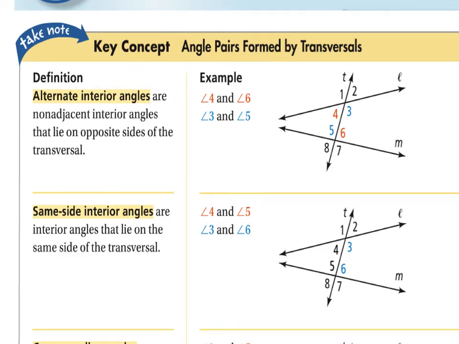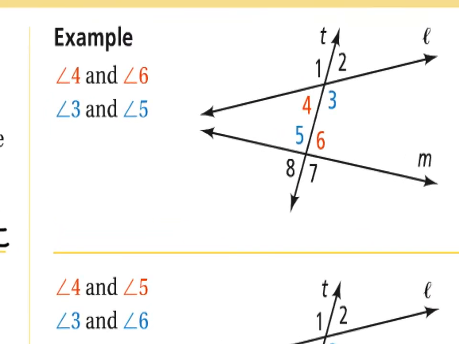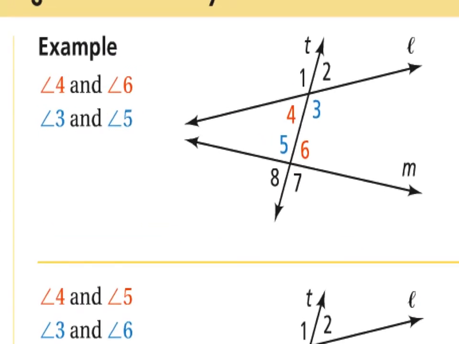They're on the inside of L and M, and they're on opposite sides of T. The example here, looking at this picture, of alternate interior angles are 3 and 5.